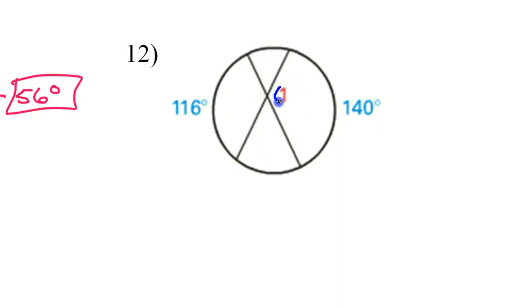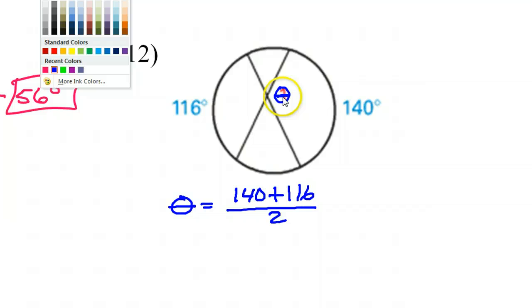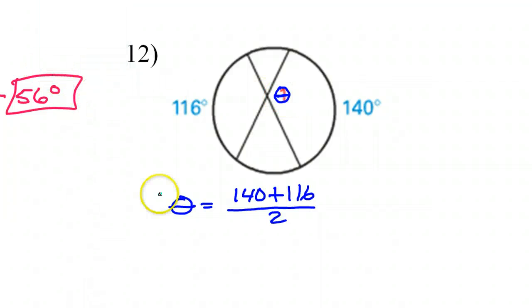Alright, this angle 1, I'm just going to go ahead and call it theta. I like to call the angles theta. The angle is going to equal arc plus arc divided by 2. So 140 plus 116 divided by 2. And this is what we're supposed to be finding, the measure of angle 1, which I'm calling theta.